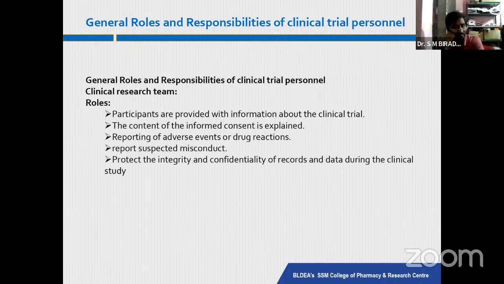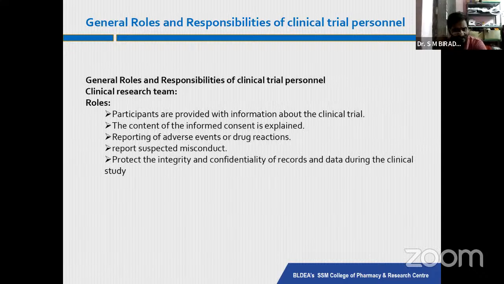In general, the participants are provided with full information about the clinical trial, and the contents of the informed consent should be explained in their language. Possible adverse effects or reactions should be told to the patient, and suspected misconduct should be reported. Sometimes the side effects of the clinical trial are highlighted more than giving correct information, for example if you want to reject the participant, and that should not happen.